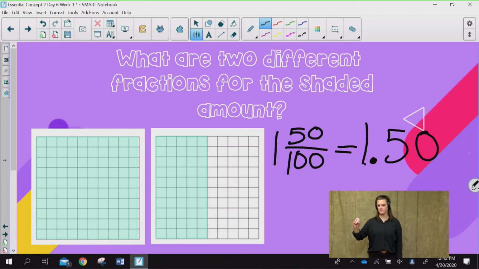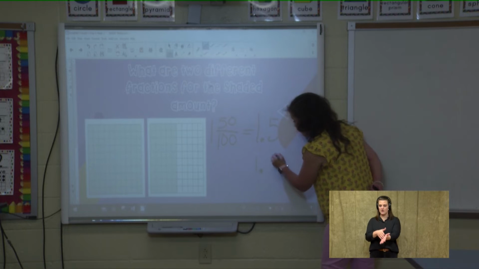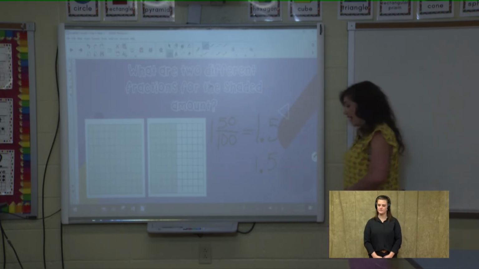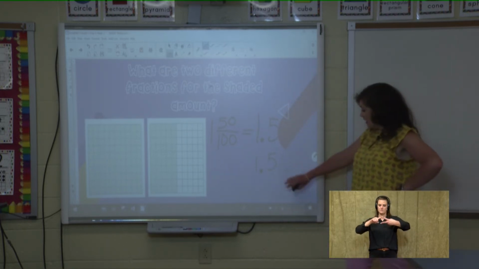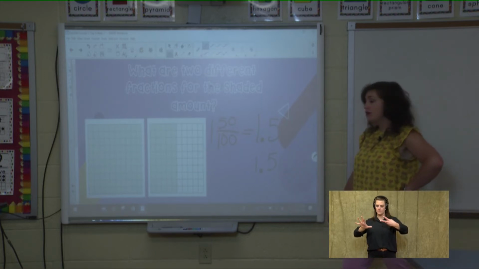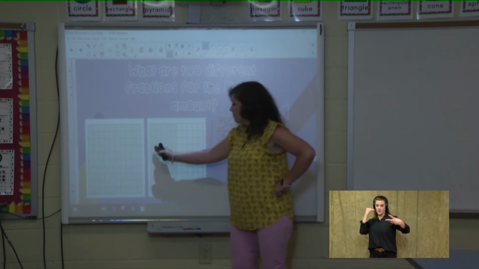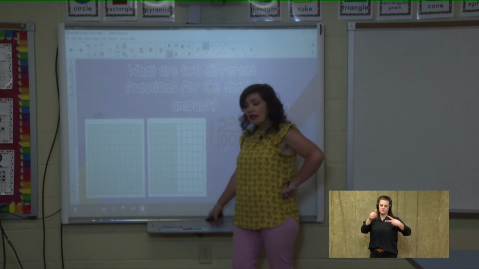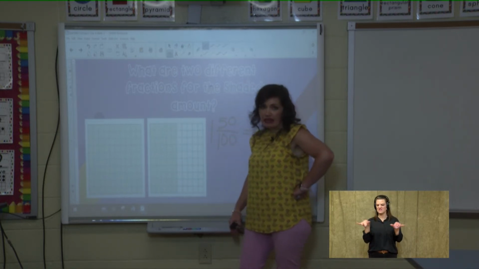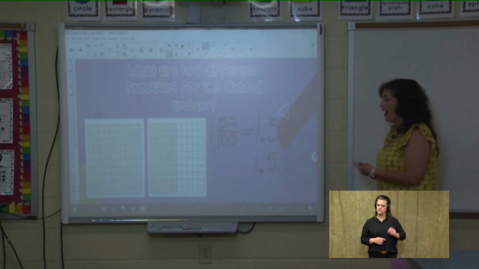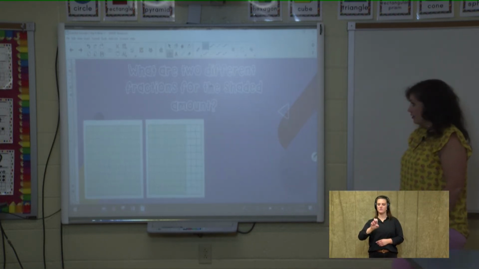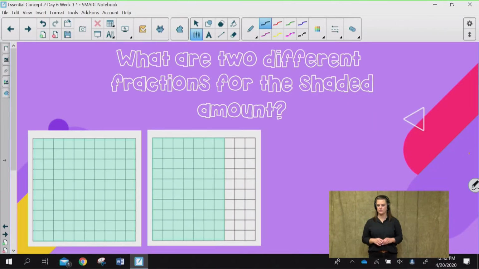All right, can you remember another way we could write that decimal? Write it down or tell your partner. We could write it like 1 and 5 tenths. And we can do that because we know that these 50 hundredths are the same as 5 tenths. It's the same value. All right, let's look at this one. We have 1 whole and we have 70 hundredths.